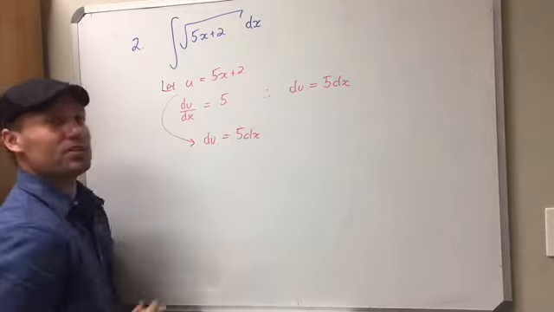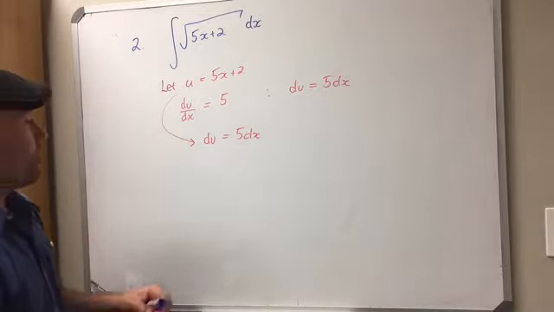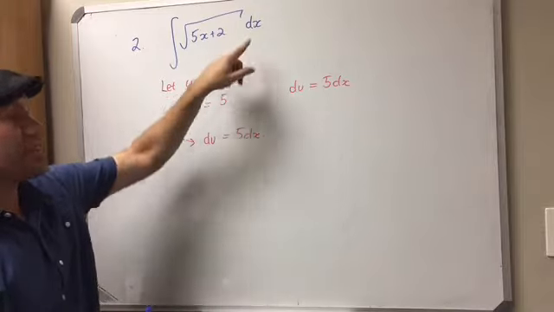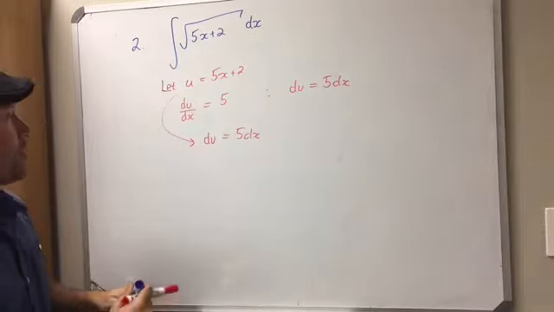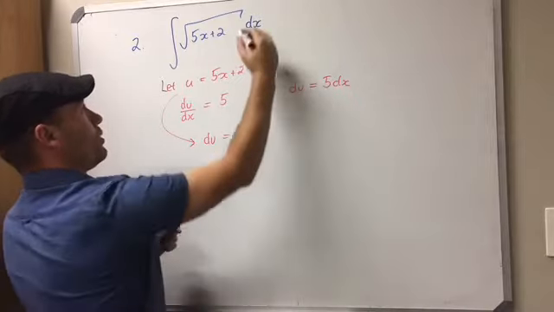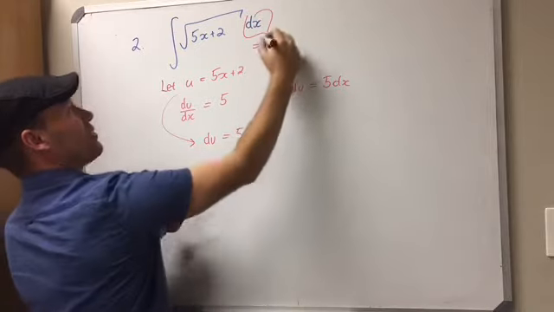We're not going to do it in 2 steps. Okay? But now we've got du is 5 dx, which is great, but we've just got a dx there, so we can write the dx as du over 5.